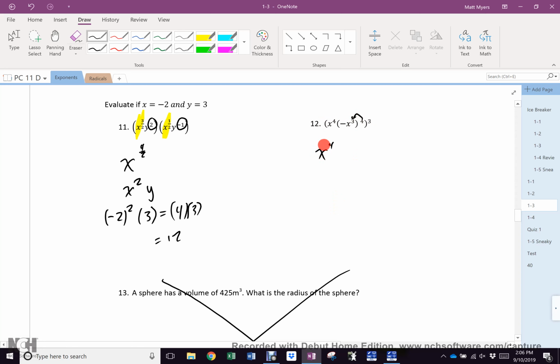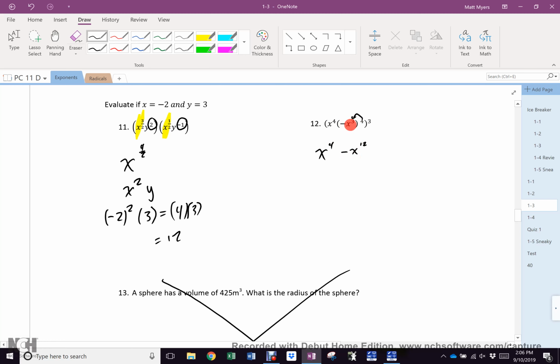And now this is where something weird's going to happen. Is this negative part of the base? No. So it's negative x to the 12th, right? It's not bracketed. Everybody cool? Because that's negative x cubed.